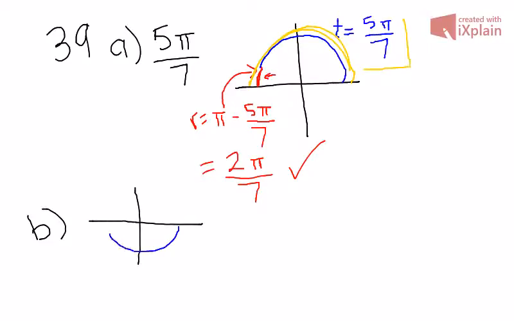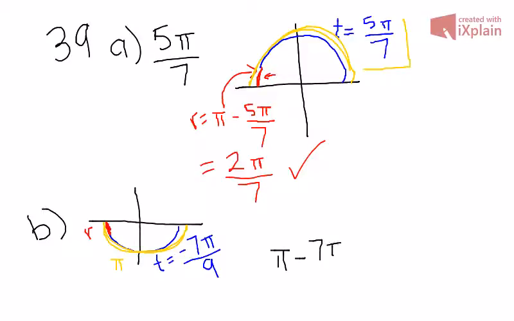So for b, we have a negative value, okay? So t equals negative 7 pi over 9. So we go negative 7 pi over 9, and then we have to figure out this remainder little part. That's going to be our reference number, okay?